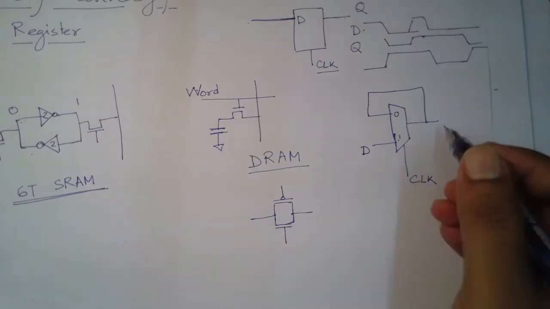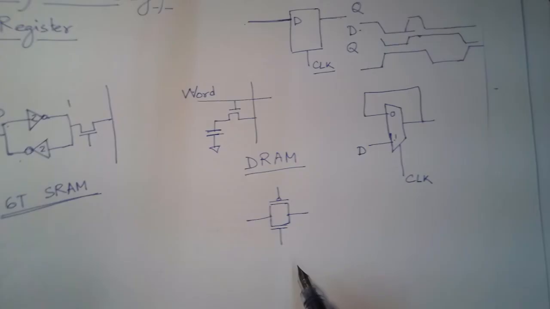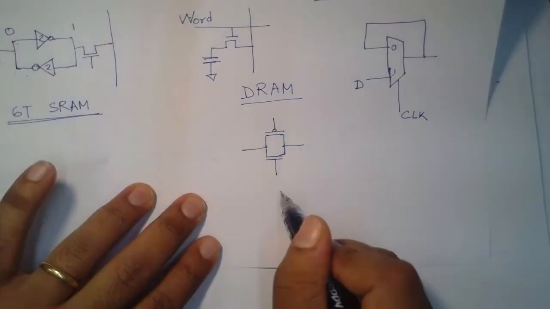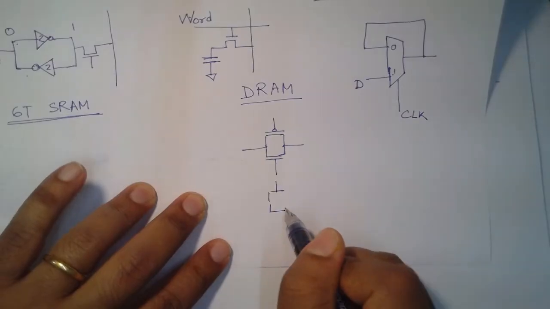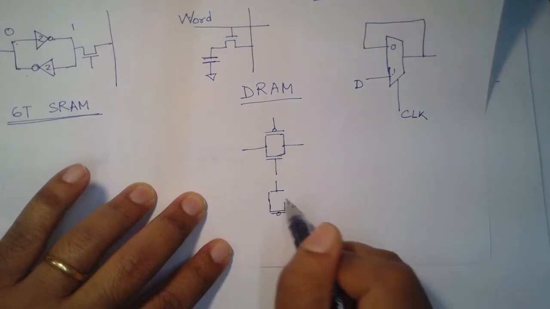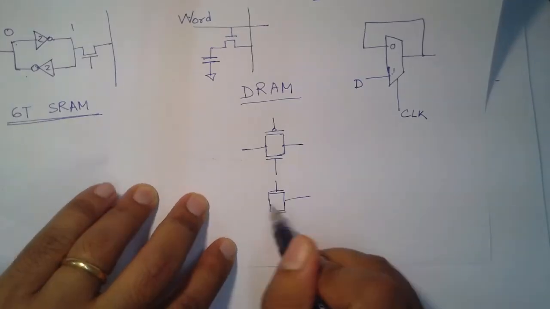So, you can think of two such transmission gates forming this 2 to 1 mux, and the select lines make sure that I get the appropriate output.